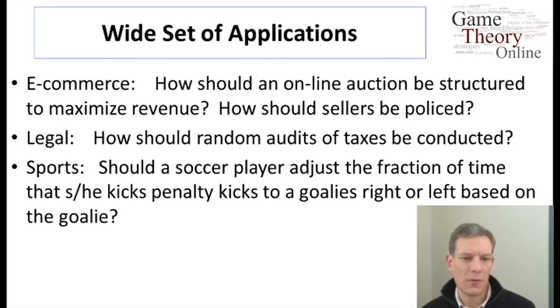Sports: so if you're a soccer player and you're thinking about trying to kick goal kicks, how should you choose whether you kick to the right or the left? How does it depend on how good the goalie is in one direction or the other, or how good the kicker is? So all of these are questions in which the decision of one player is going to depend on the decisions of other players, and really where game theory is designed to do an excellent job of making predictions. So let's get into a little more detail.